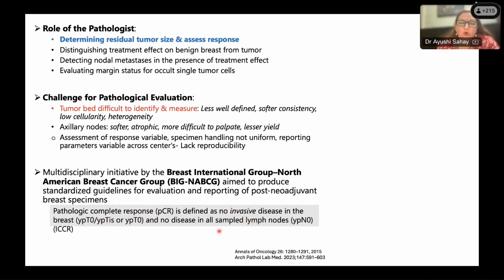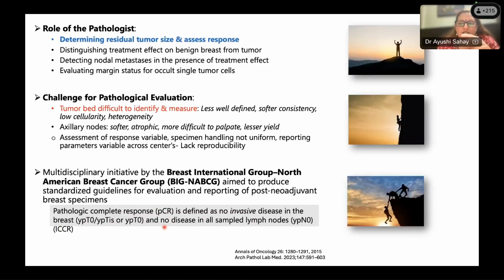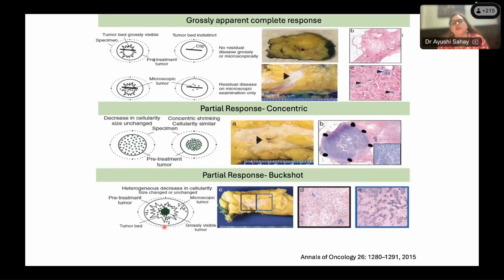If there is no node disease in the sampled lymph nodes, ypN0, then it is considered as pathological complete response as per the BIG-NABCG. So this is the way the BIG-NABCG has tried to make it easier for pathologists to assess. They have given very nice guidelines. I would ask you to go through them, on how to assess the post chemo specimen.